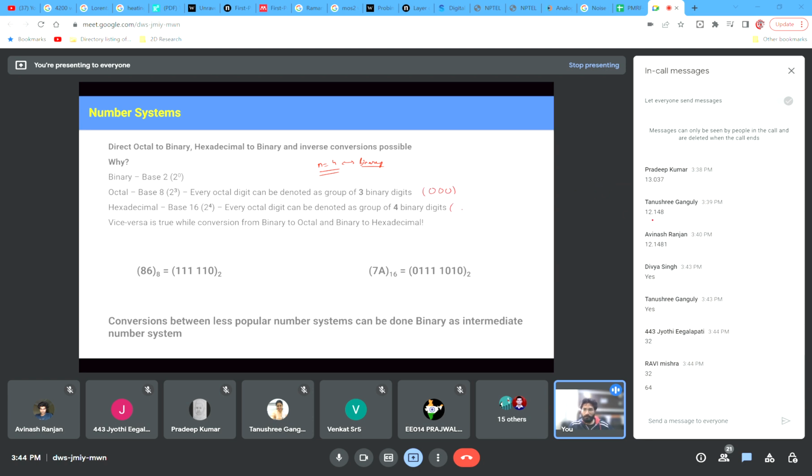In case of hexadecimal, groups of 4 form. And in case of base 4, groups of 2. And further, if you take 32 as Jyoti told, you will have to group the digits in groups of 5 to get the direct conversions. This is just an example. We will try to solve some problems before we run out of time.